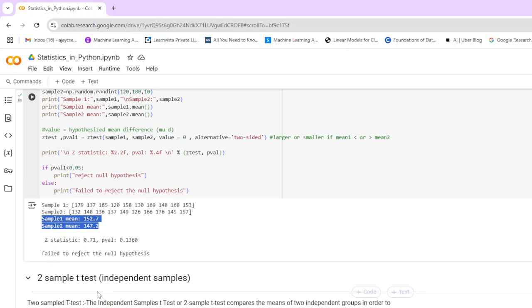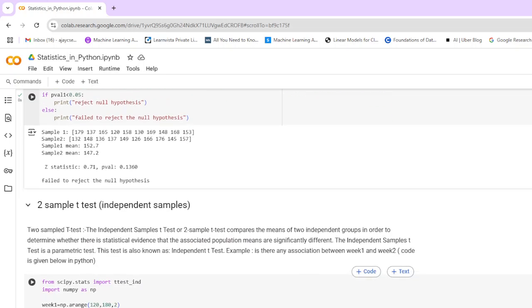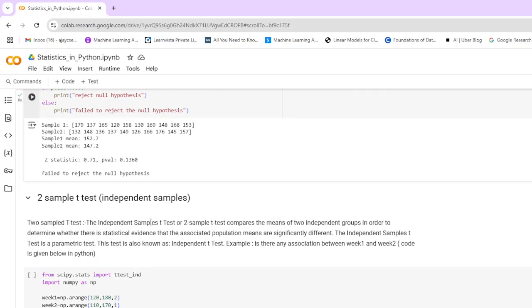Then there is the two sample T test, and these are the independent samples. The two sample T test will compare the means of the two independent groups in order to determine whether there is statistical evidence that the two means are different or not.